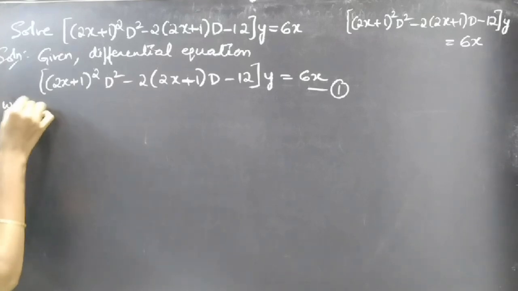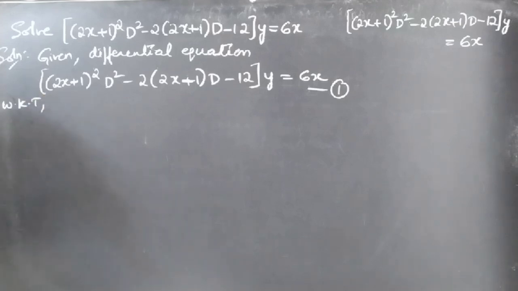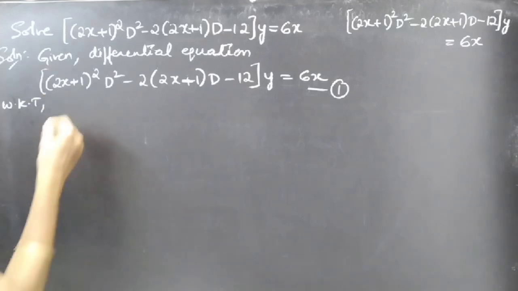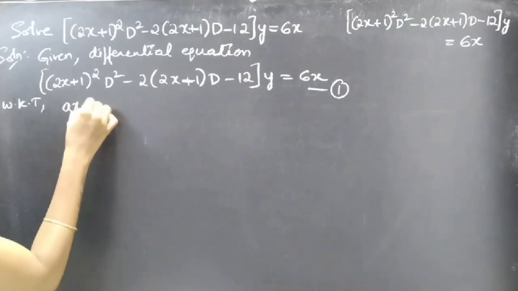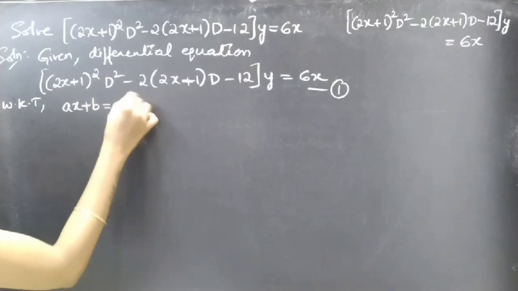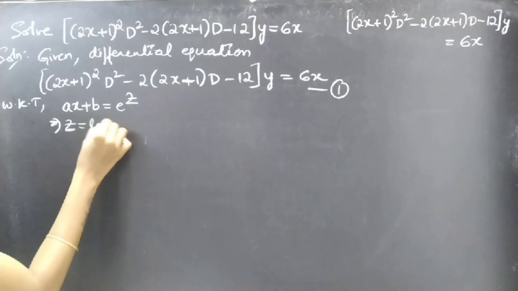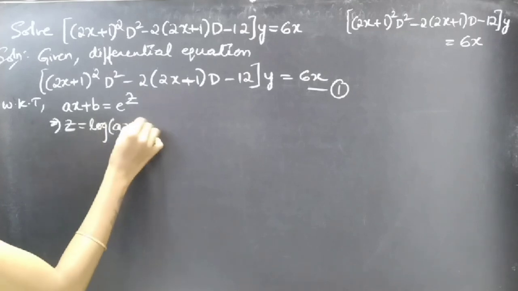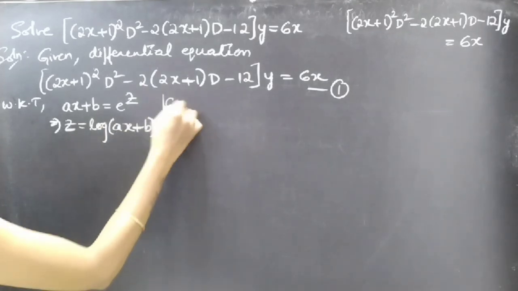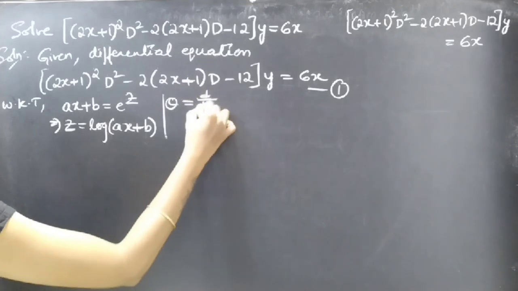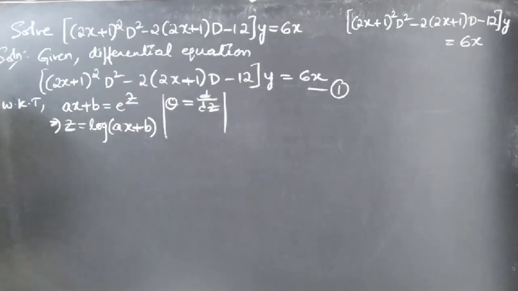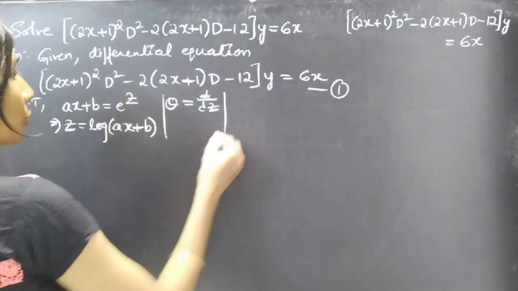We know that from Legendre's procedure, ax plus b equal to e power z, right? Then z equal to log of ax plus b and theta equal to d by dz, and here we can make a substitution.